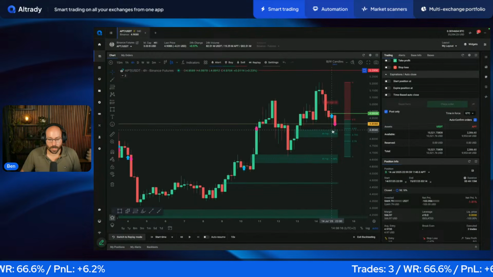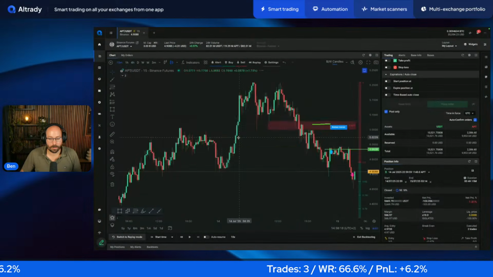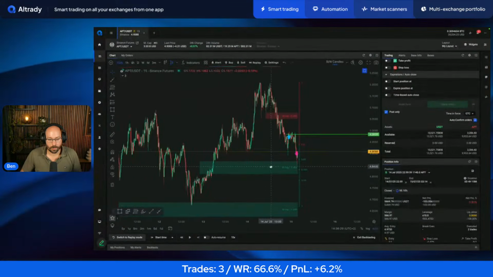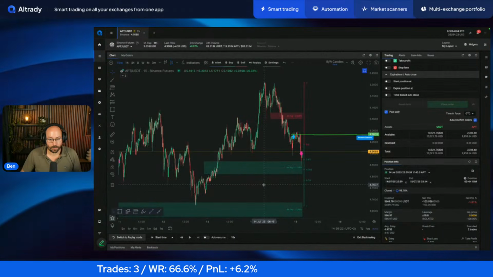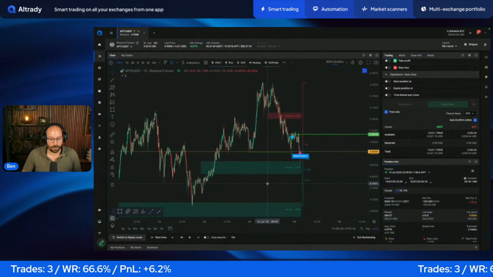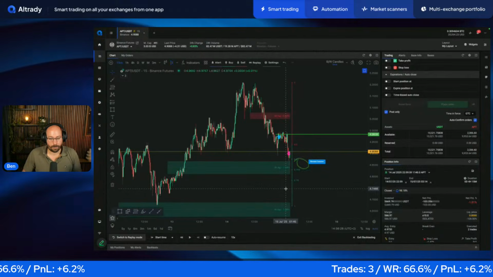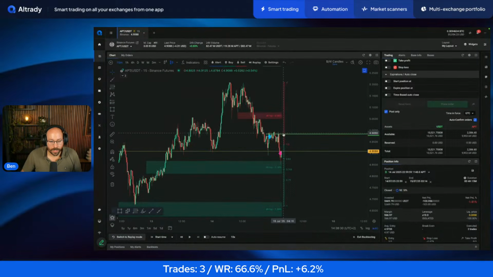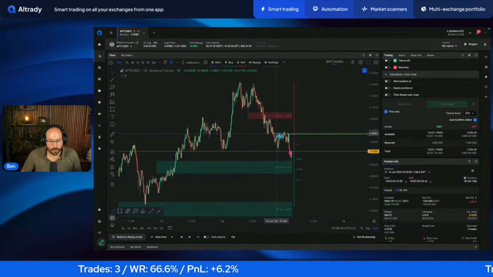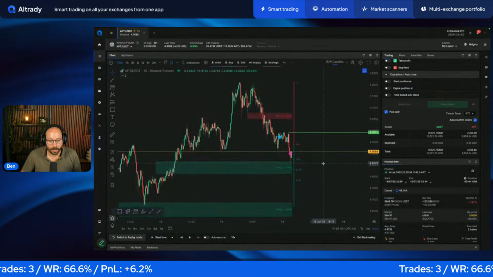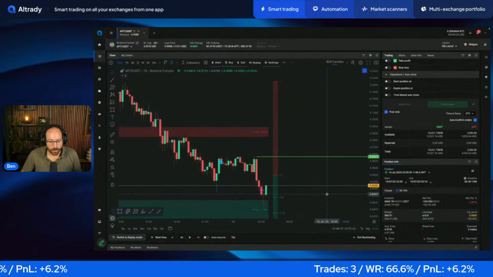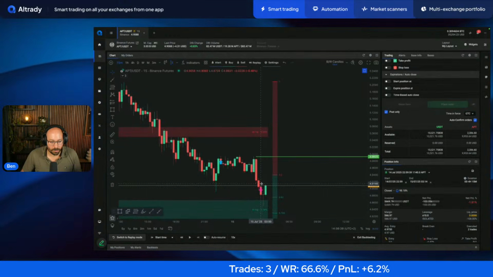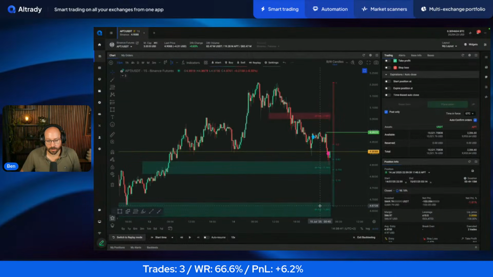Okay, entering the 4-hour fair value gap. So as I said, there is this sweep and fair value gap. So yeah, this was the magnet. But now we get this awful high. So yeah, maybe here, I don't know.